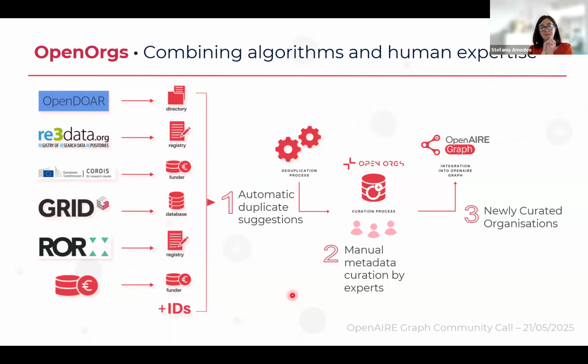We have an aggregation of information about organizations from different sources: organization registries, directly from funders, various databases, etc. And you can imagine the problems related to identifying organizations.